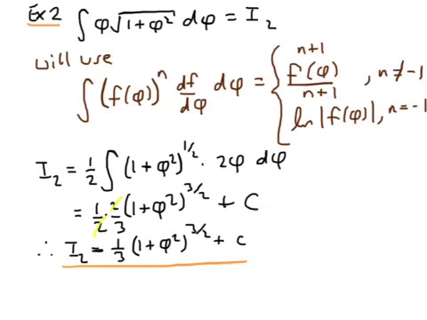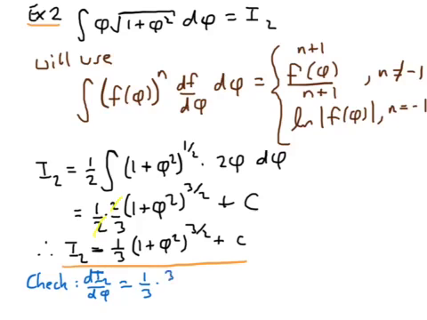Again, what we can do and what we should do is to check it. So to check, again, we differentiate our result with respect to our variable phi. We have 1/3 that's just sitting there. Now we differentiate something to the power of 3 halves, so we pull the power down.